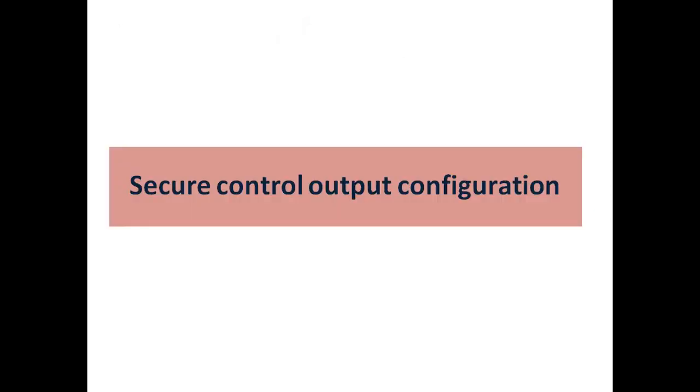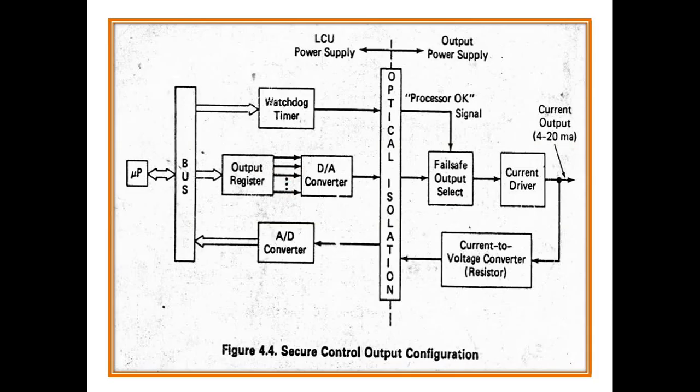Next, secure control output configuration. Here the secure control output configuration has a microprocessor, bus, watchdog timer, output register, digital to analog converter, analog to digital converter, and optical isolation, that means the LCU power supply.